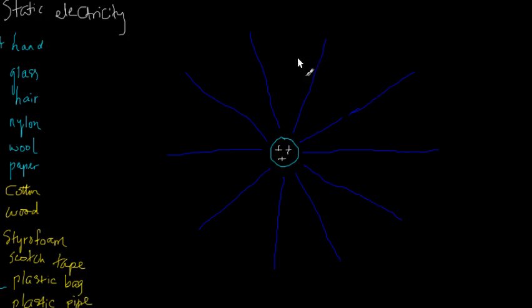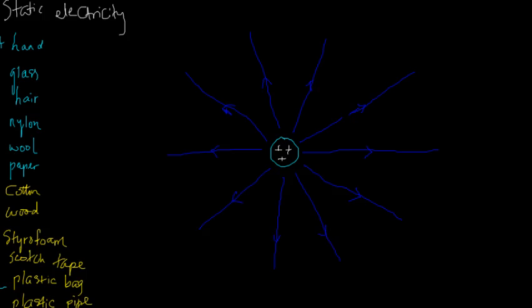It's just to give us the rough idea that there are electric fields, that if you put a small positive charge anywhere in this region, it will experience an electric force in the direction shown by these lines and these arrows.